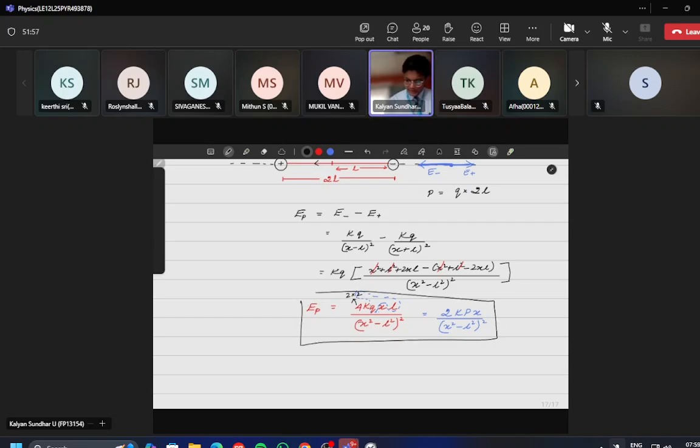So this will be your electric field at an axial point due to a dipole.